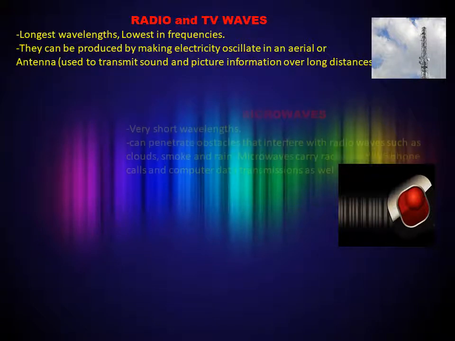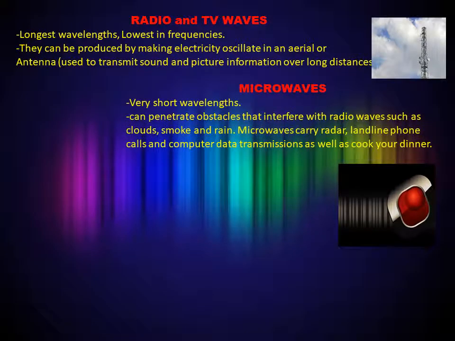Yes. Followed by microwaves. What are microwaves? Microwaves have a very short wavelength and can penetrate obstacles that interfere with radio waves such as clouds, smoke, and rain. Microwaves carry radar, landline phone calls, and computer data transmissions as well as cook your dinner.